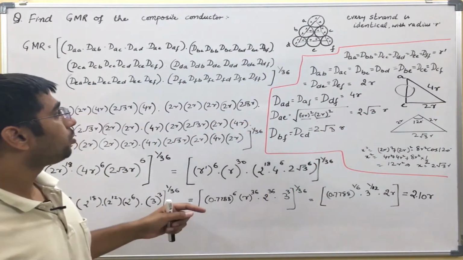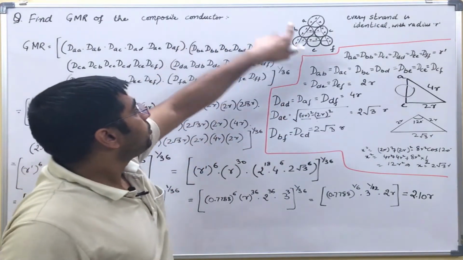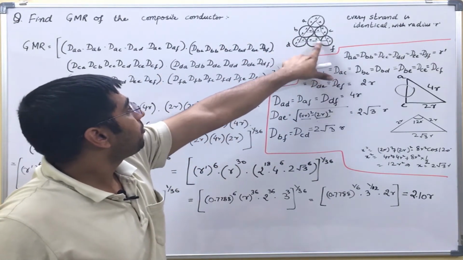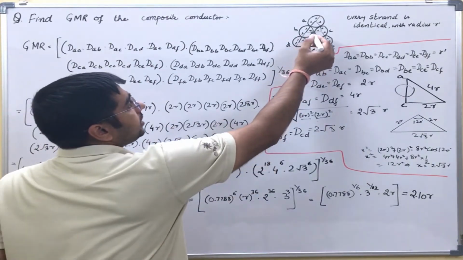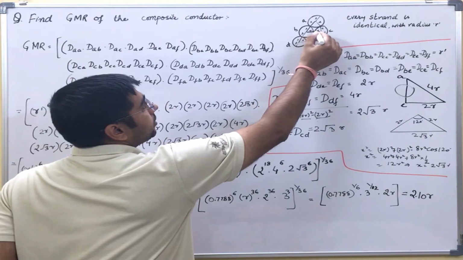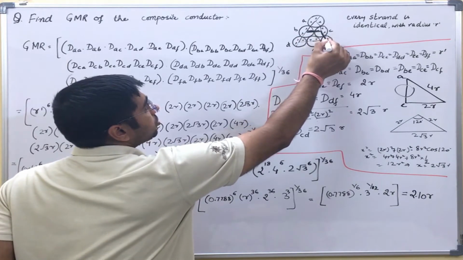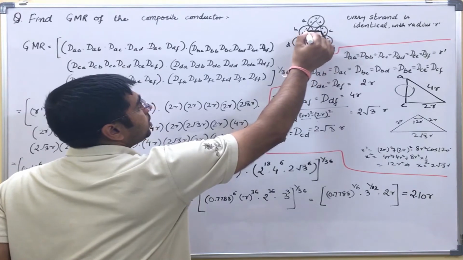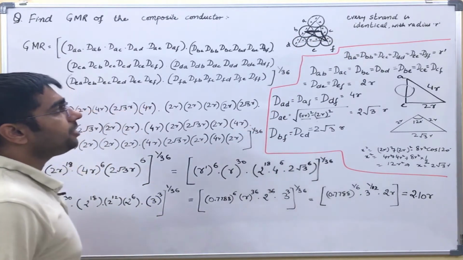Now next come to the sides DBF and DCD. In FB we have a triangle where two sides are each 2r, and this distance is DFB or DBF, which we need.